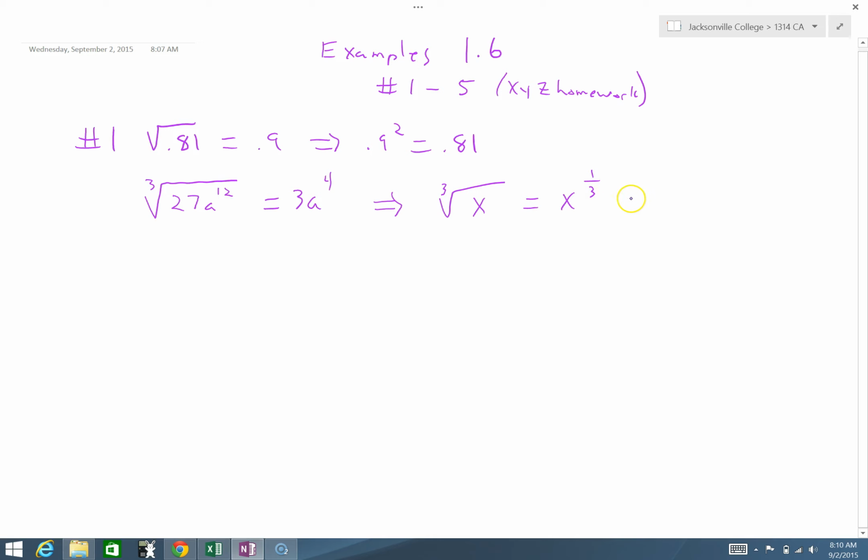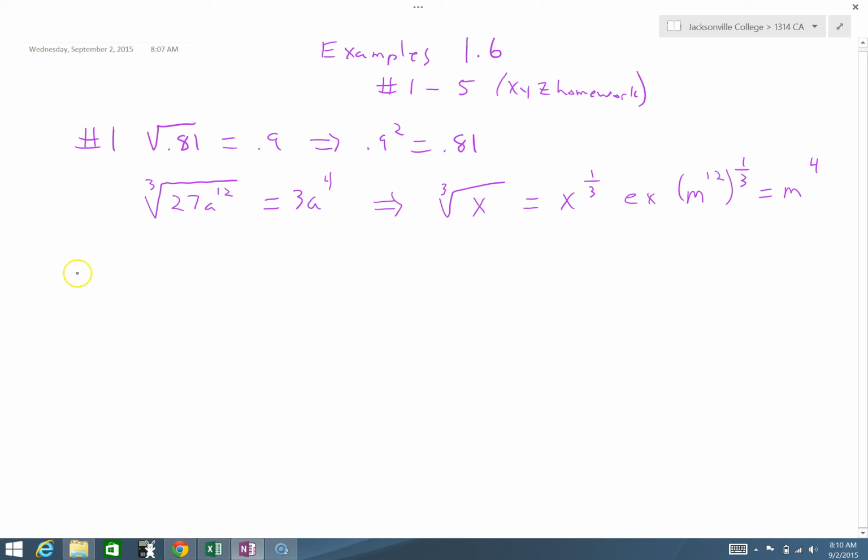And we know from our product rule that if we have, say, m to the 12th, and we take that to the 1/3 power, we can simply multiply 1/3 times 12, and that is m to the 4th. So it's the same thing we're saying here. All right.